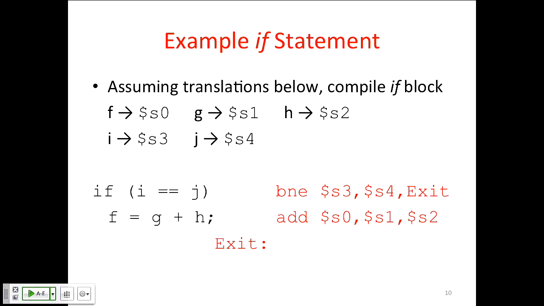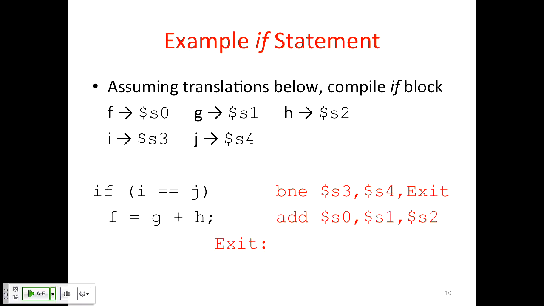But if the condition is true, then this branch condition will be false because it's the complement. If they are actually equal, that means they're not not equal. So I'll just fall through and actually do the add. And then F will get G plus H in the register, okay?